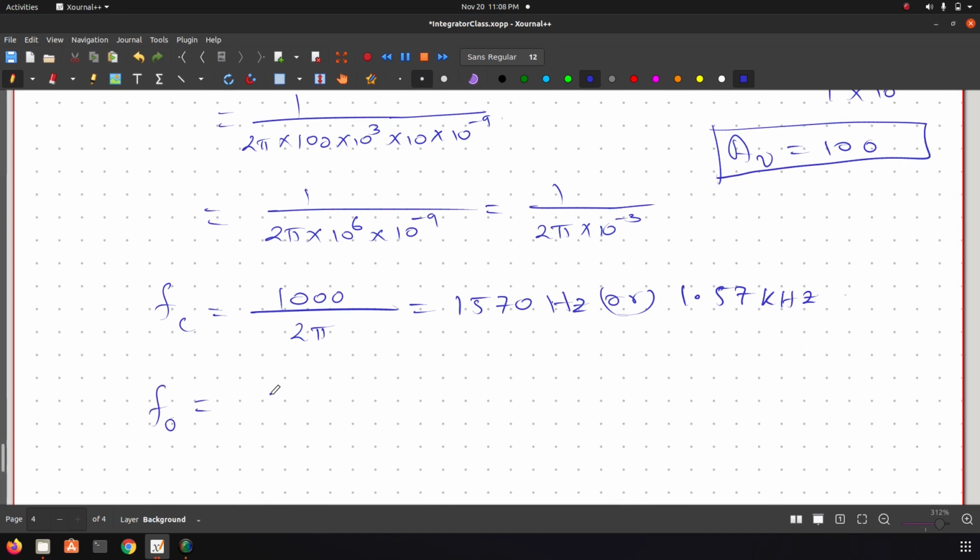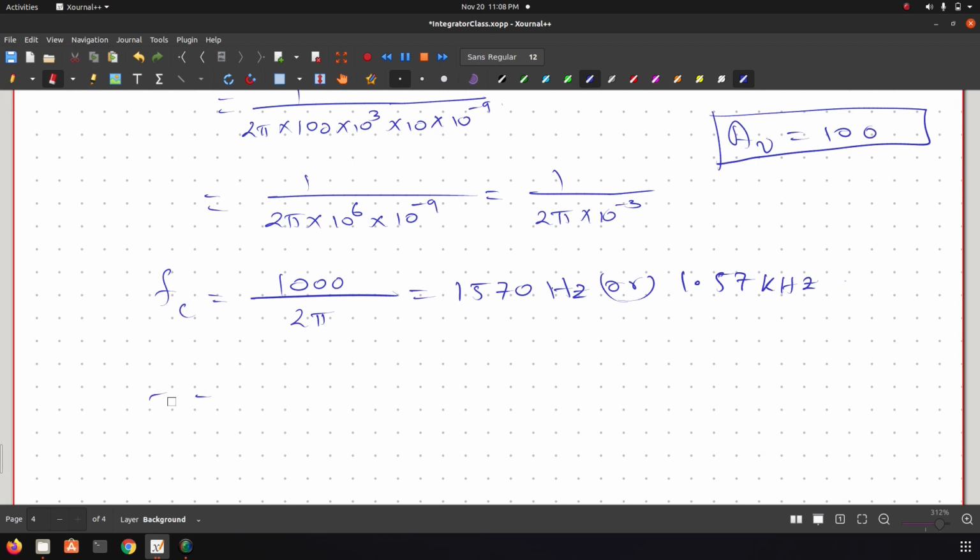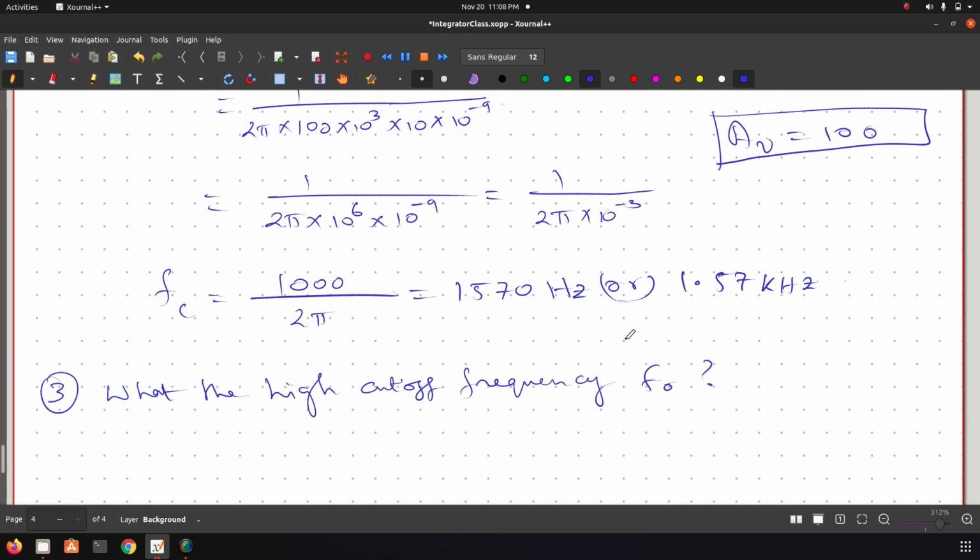So what's the high cutoff frequency? Next we have to find the high cutoff frequency. The third question is, what's the high cutoff frequency F0? We know that for high cutoff frequency we have F0 equals 1 divided by 2 pi Ri CF, right?